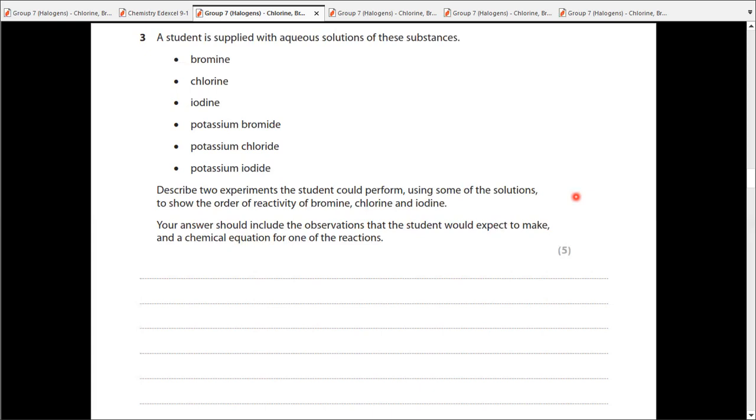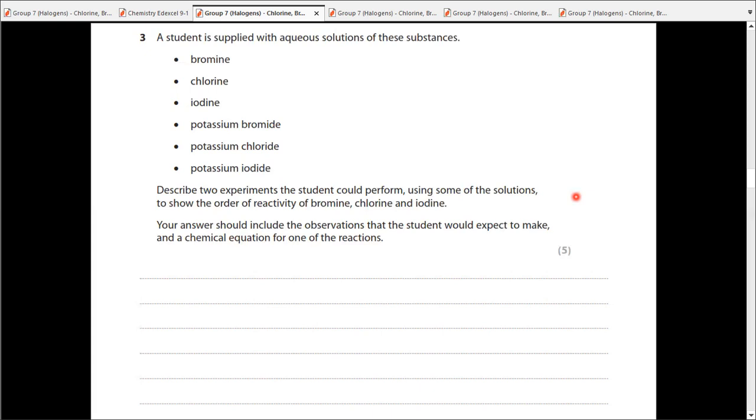Finally, if you write one of the equations correctly and balance that correctly, you will get the fifth mark. That's how all the 5 marks are justified. Make sense? Okay, make sure you quote all of this properly.